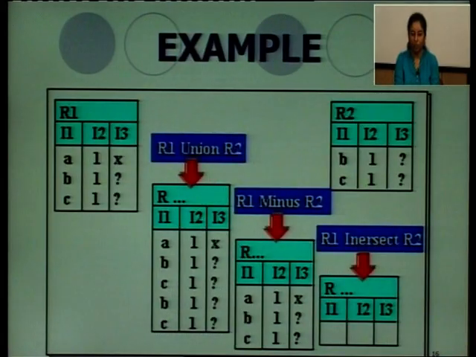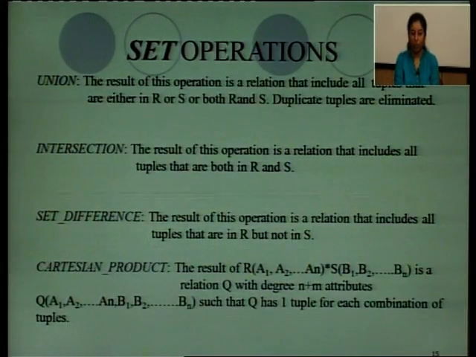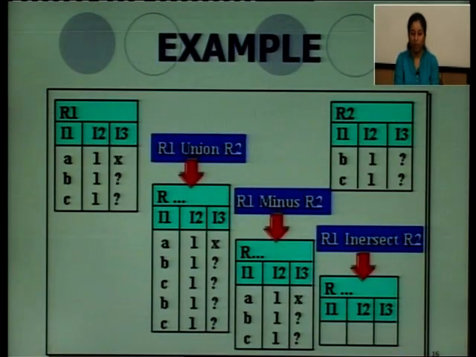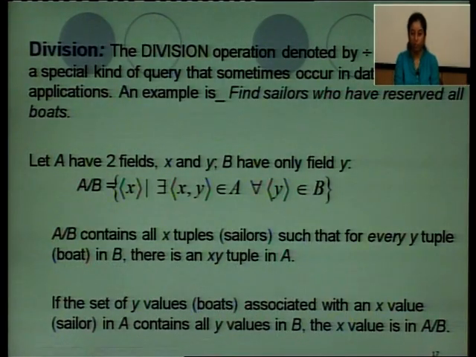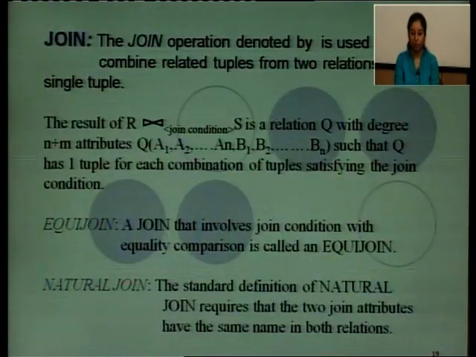And then we have discussed the four types of set operations: union, intersection, set difference, Cartesian product, and these are the examples. We have discussed the division operation and the importance of equijoin and natural join.